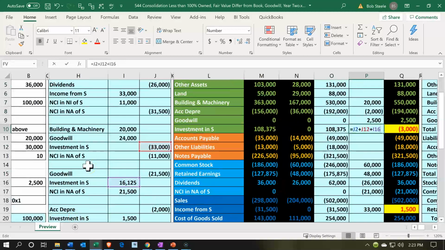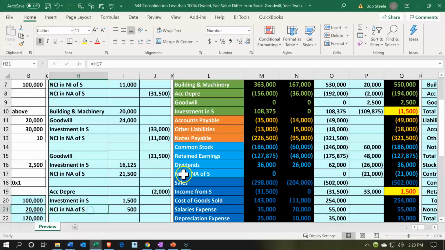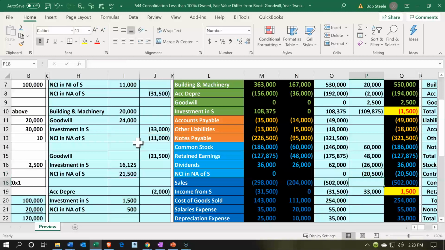I'm going to say F2 plus F2, and that's going to be picking up the 75% of that, or the 1,500. The other side then goes to the non-controlling interest for the assets, right? Because it was last year, so it's not in income. So F2 plus F2, and that's going to be the 500. So there we have that.